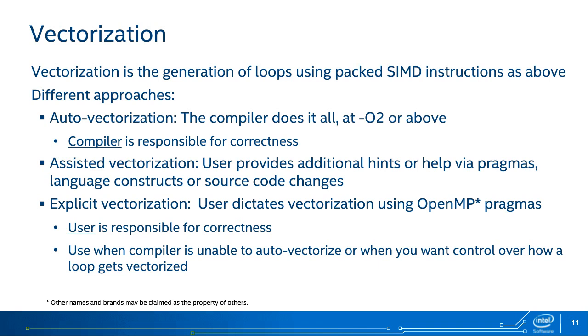In this case, the user is responsible for correctness, so the compiler doesn't check anymore if it is safe to vectorize the code or not. So you are overriding the compiler heuristic. Use it when the compiler is unable to auto-vectorize or when you want control over how a loop gets vectorized.